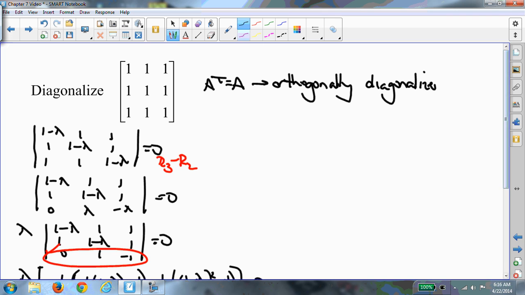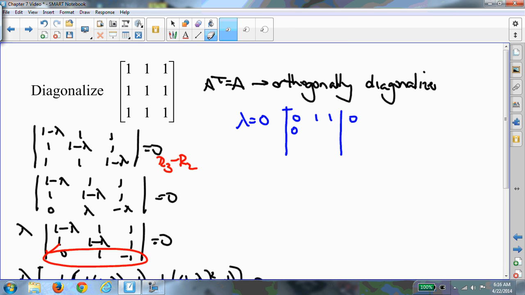Okay, corresponding eigenvectors. Let's start with lambda equals 0. So if I use lambda equals 0, I get 0, 1, 1, 0, 0, 1, 0, 1, 0, 0, 1, 1, 0, 0.